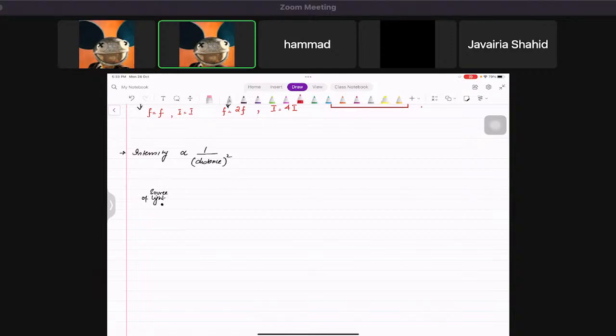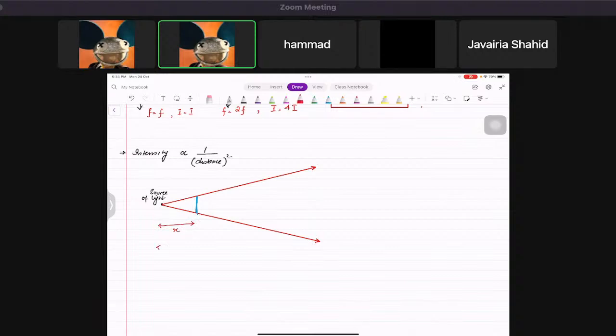The light is produced like this, which means that if you look at a certain point, let me make it a different color so it's more visible, this point lies at distance x.